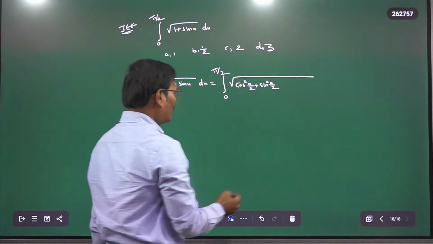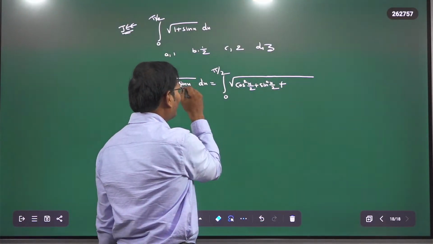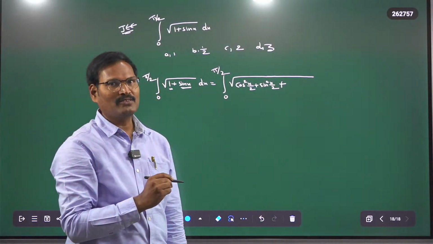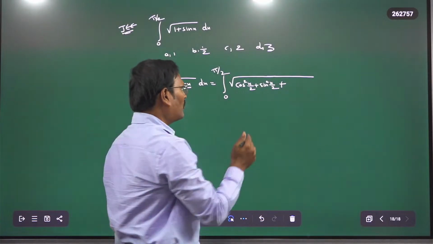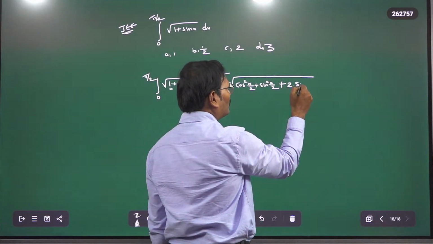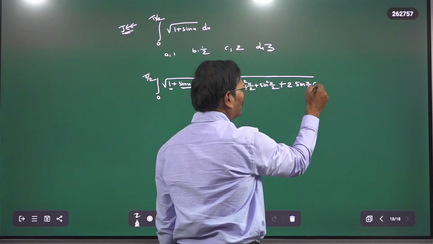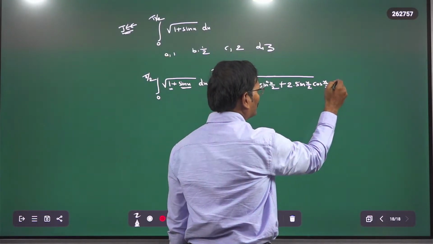Plus sin x, using multiple angles and submultiple angles, we can write sin x as 2 sin x by 2 into cos x by 2 dx.